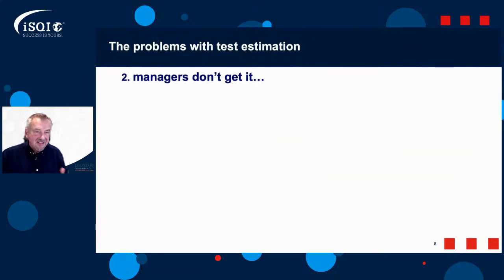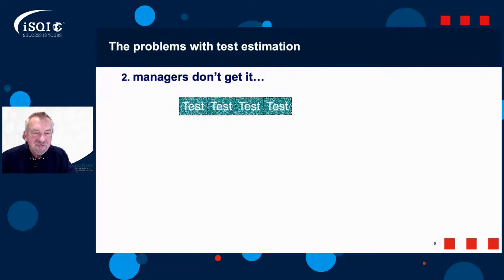The second problem is managers don't get it. Now, when I say that, I use it in a generic term. Let me give you a for instance here. Let's imagine that I've been tasked to estimate how long it is going to take to test a particular piece of software. I sit down and use all these nice estimation techniques that we're going to have a look at in a moment, and I say to my manager, it's going to be 4 weeks with my team.